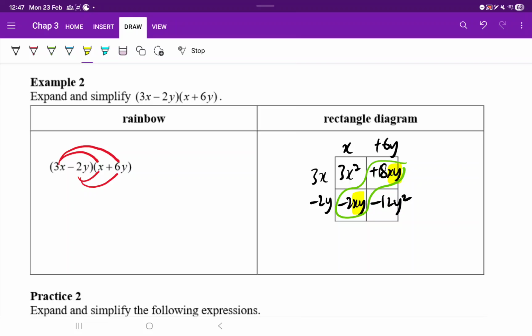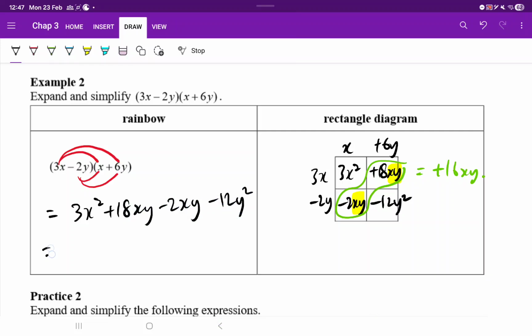You can combine them together and they should give you plus 16xy. So your answer here should be 3x squared plus 16xy minus 12y squared as your final answer.